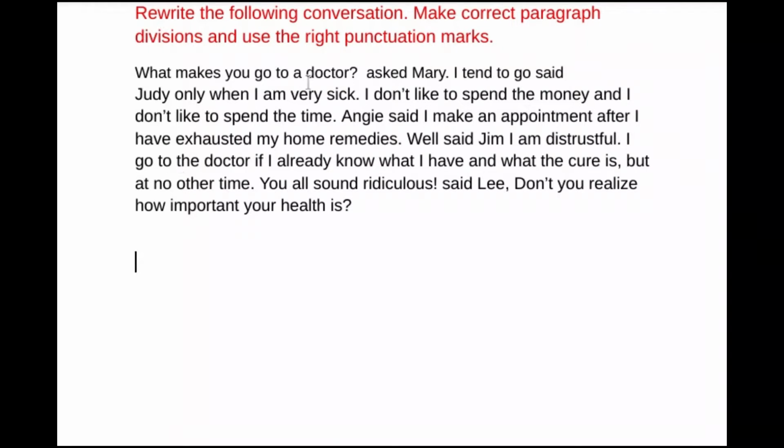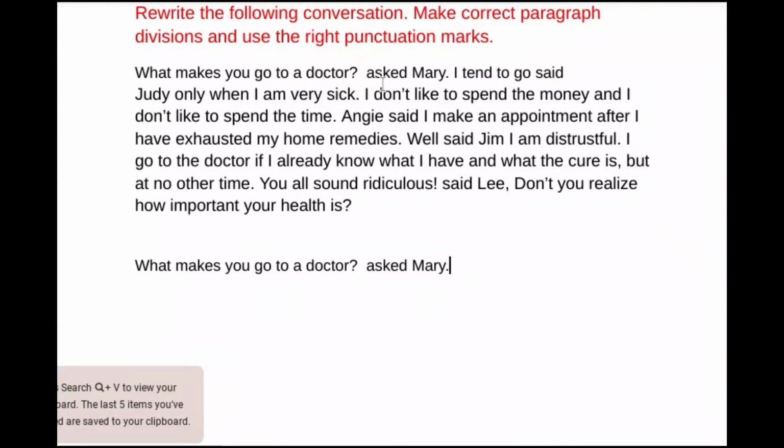So I'm going to rewrite this first line, which is Mary's direct speech. I'm going to take it here. I'm going to paste it here because I'm attempting to rewrite it. So I am going to begin by indenting.